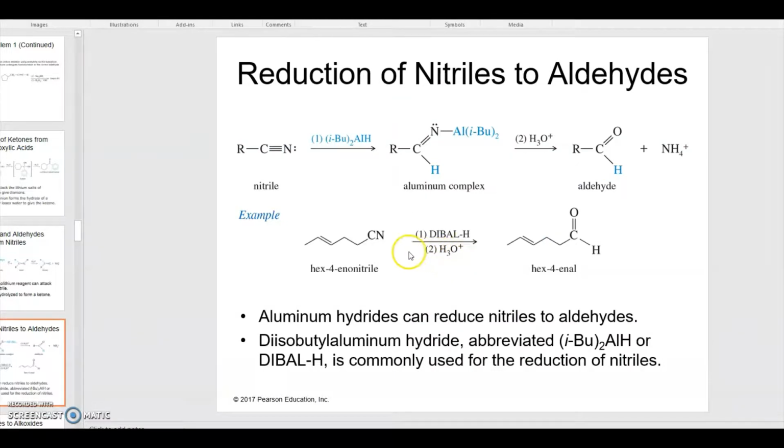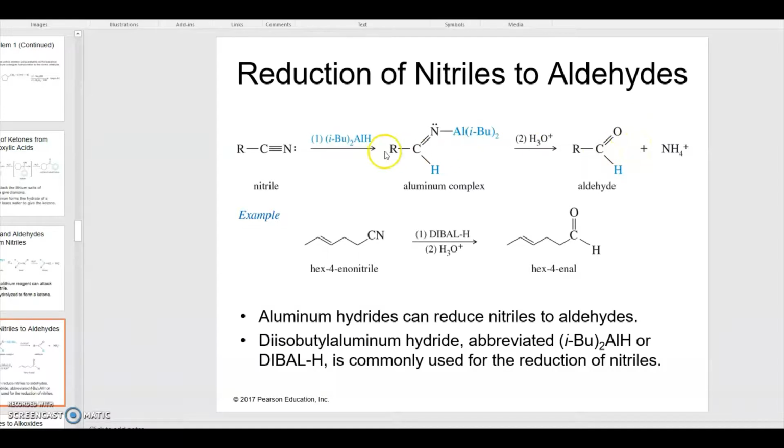Here is an example of how to change nitrile to aldehyde. If you are going to change nitrile to aldehyde, you need to use a modified reducing agent. Aluminum hydride is a strong reducing agent. When the aldehyde is formed, it can be further reduced to an alcohol.